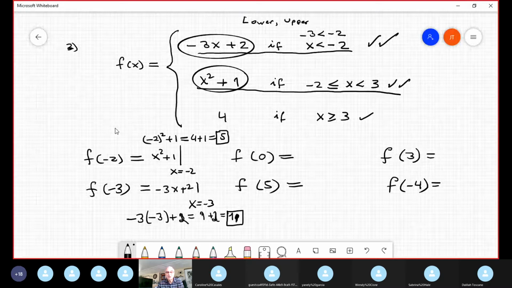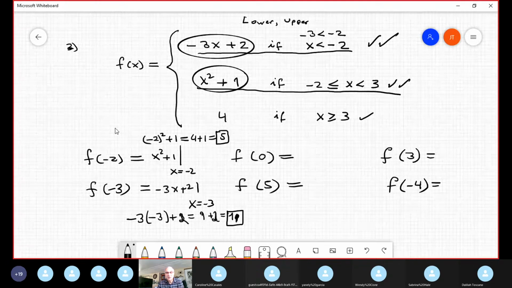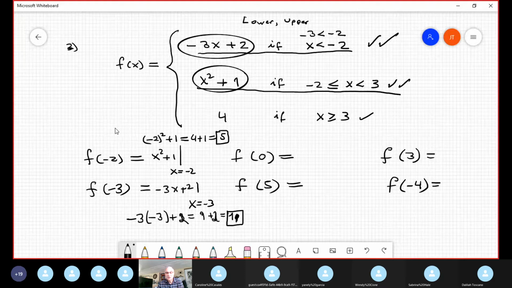Thank you. 0, does 0 belong to the first, the second, or the third? Remember, the only thing you should do is understand in what interval 0 lies, and select the expression that corresponds with this interval.